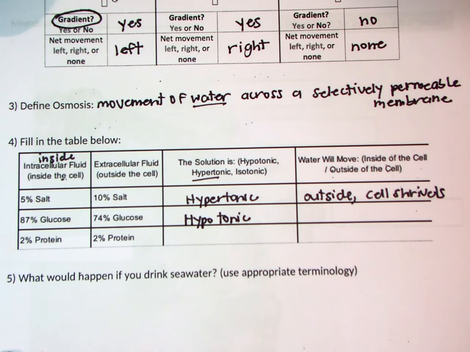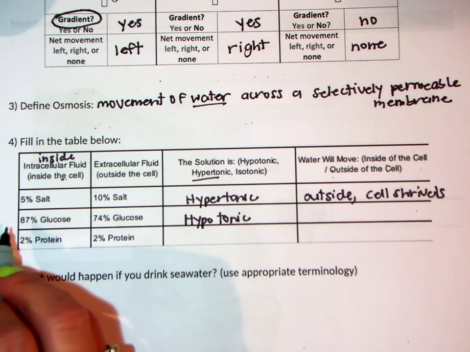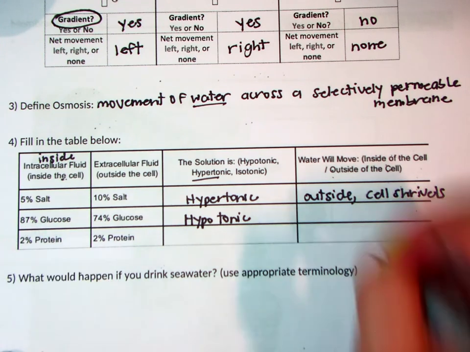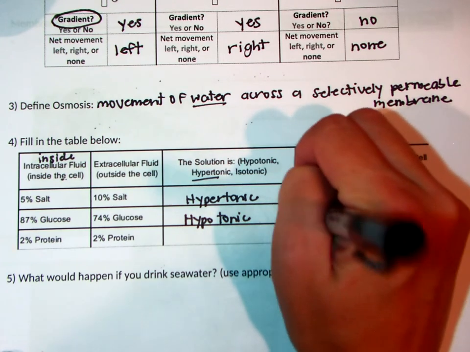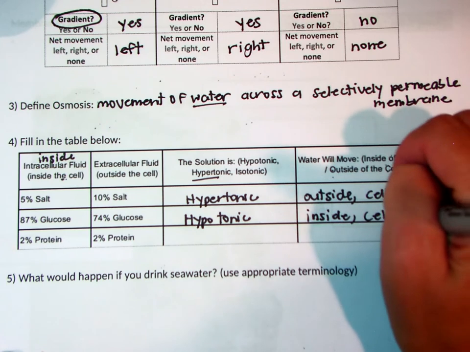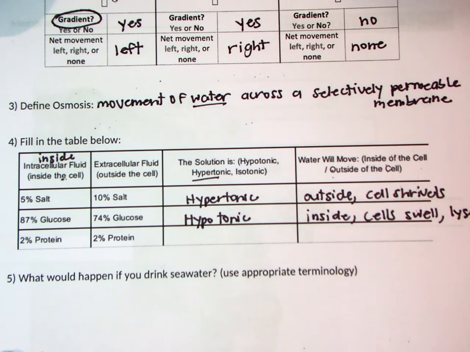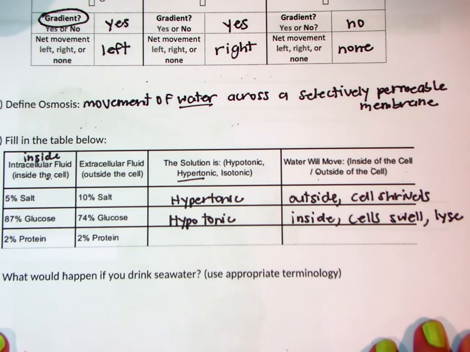And remember that water loves solute, so it's going to want to go to where the higher solute concentration is, or in this case it's inside of the cell. And the cells will swell and possibly burst, which we call lyse.